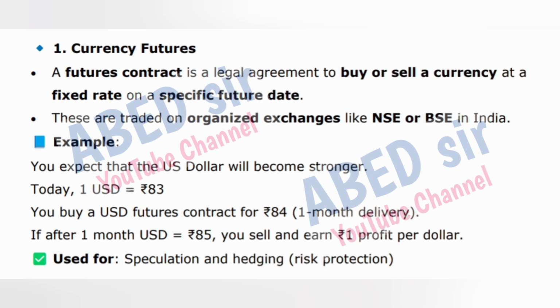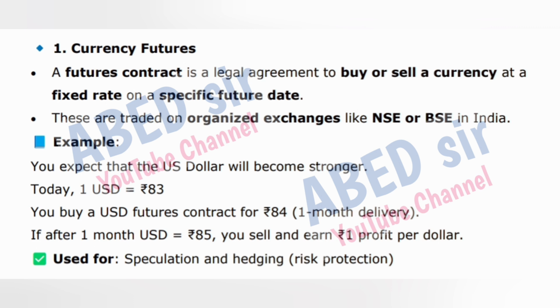1. Currency futures. A futures contract is a legal agreement to buy or sell a currency at a fixed rate on a specific future date. These are traded on organized exchanges like NSE or BSE in India. Example. You expect that the US dollar will become stronger.